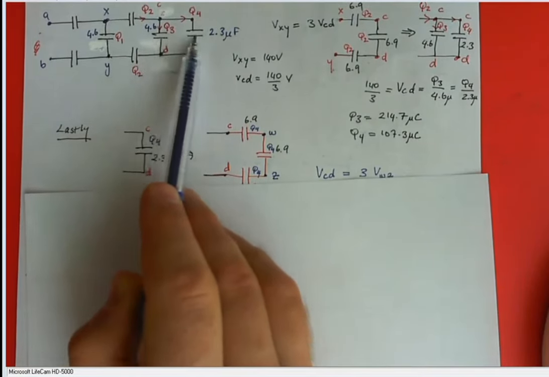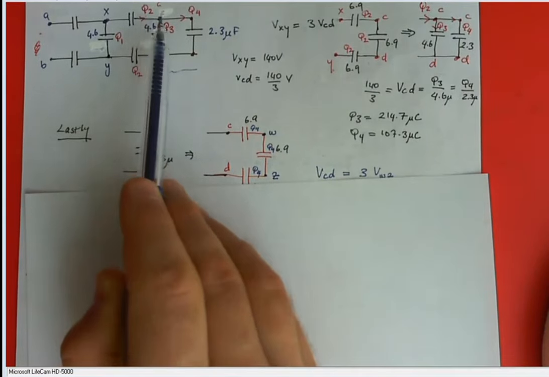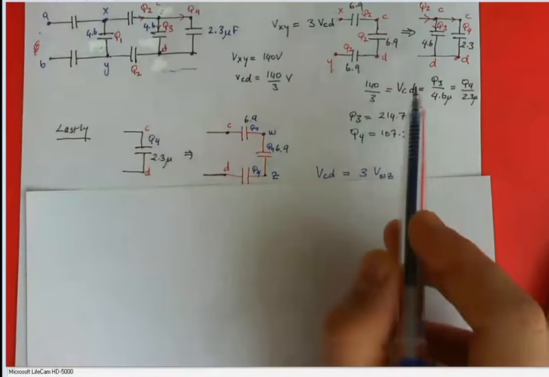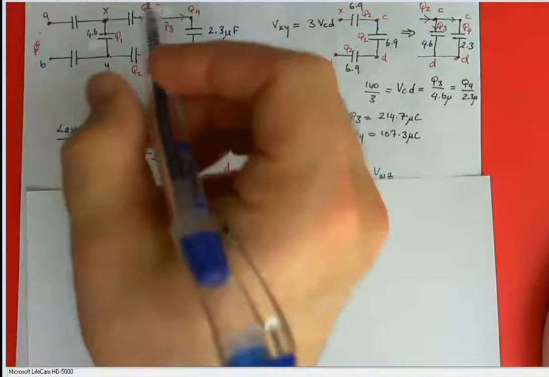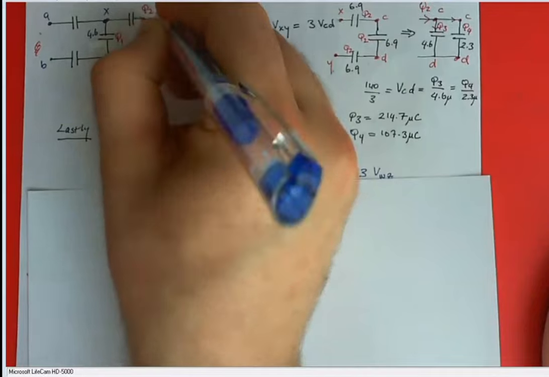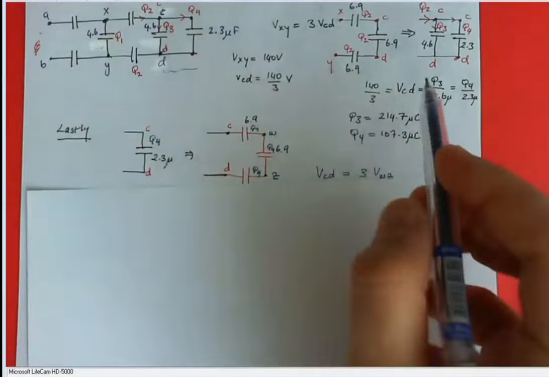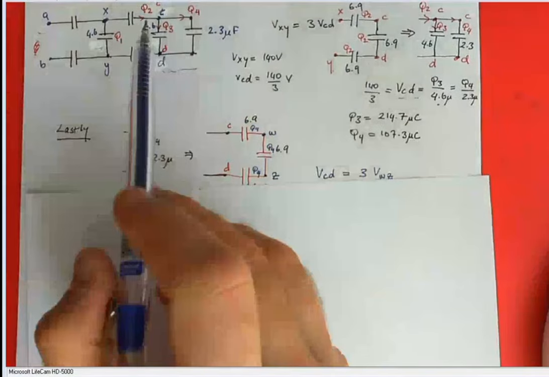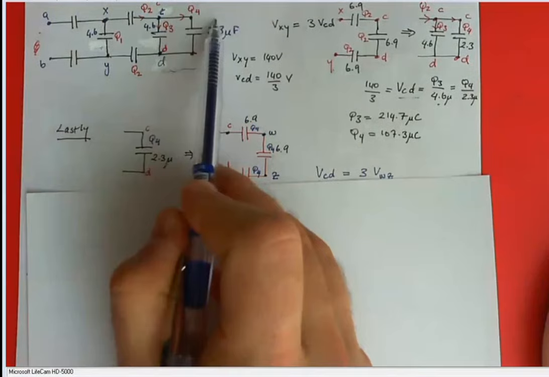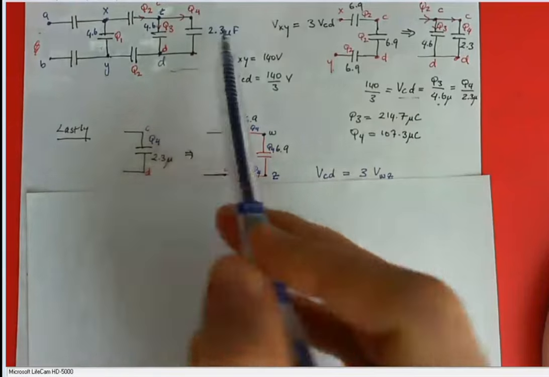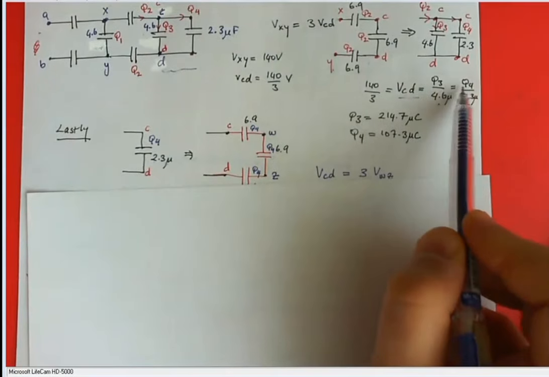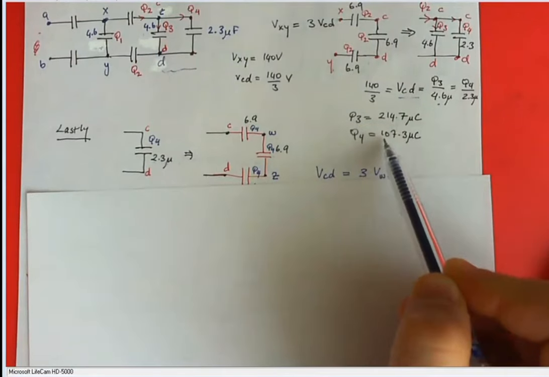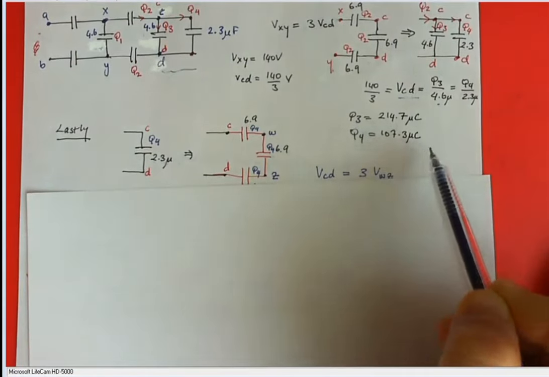This means these are parallel, so Q2 is equal to Q3 plus Q4. Here, since this is VCD, point C and point D, VCD is equal to Q3 divided by 4.6, or Q4 divided by 2.3. You can also find out Q3 and Q4: one of them is 214.7, and the other is 107.3 microcoulomb.